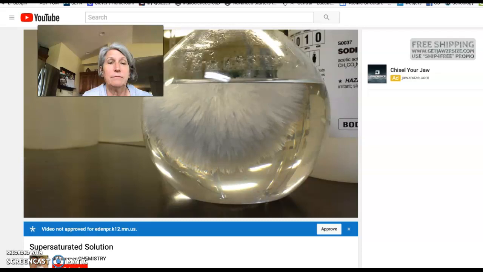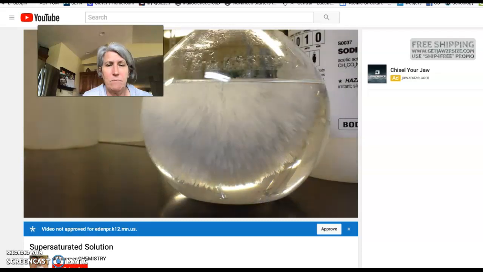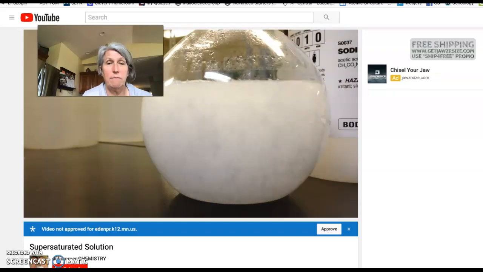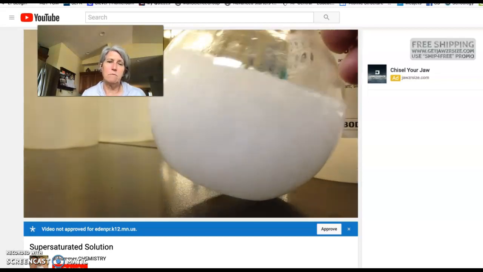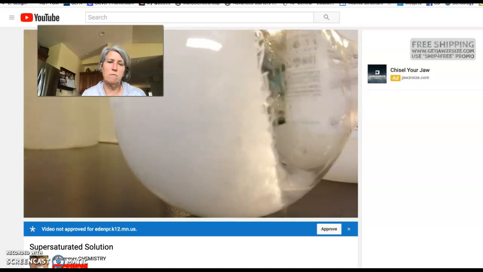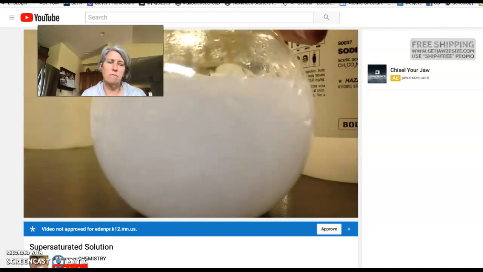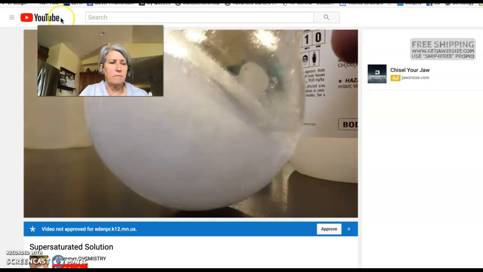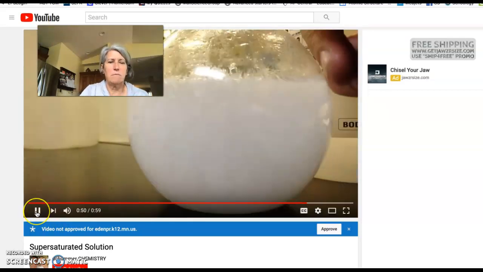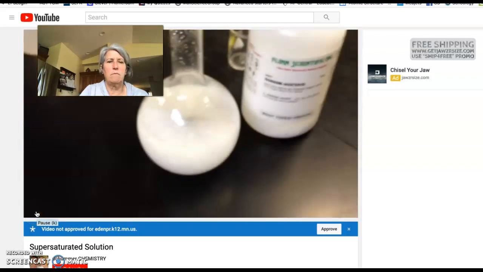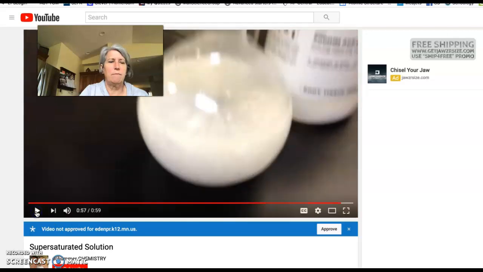We see that the sodium and acetate ions recognize the crystalline structure of that seed crystal I just added, and they add to it, and we form one big crystal. Now when I tilt this to the side, it looks like a big chunk of ice, doesn't it? There's a little bit of water in there, but we're back to our saturated state. So we've gone from supersaturated to saturated in just a couple of seconds.